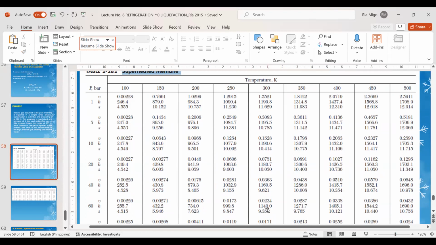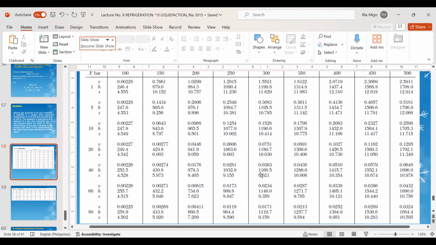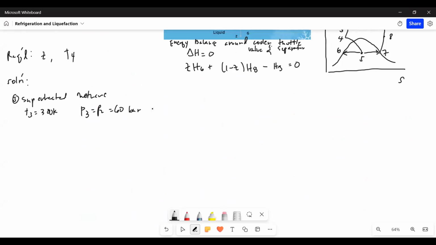So from here, let's read the enthalpy. At 60 bar, 1140, and the unit is kilojoules per kilogram, from the superheated table.